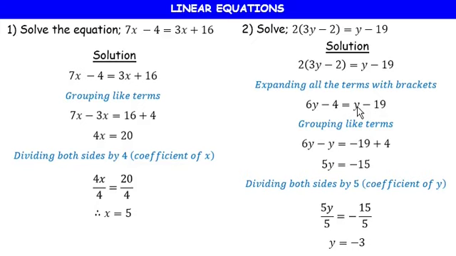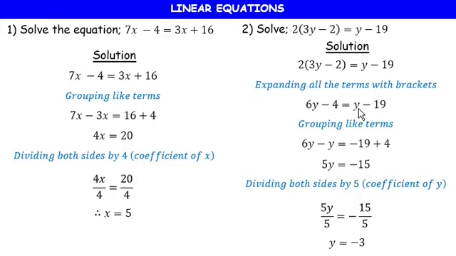When the term you are moving is negative, the moment it crosses the equal to sign, it becomes positive. And when the term is originally positive, when it crosses the equal to sign, it becomes negative at the other side of the equation, right?